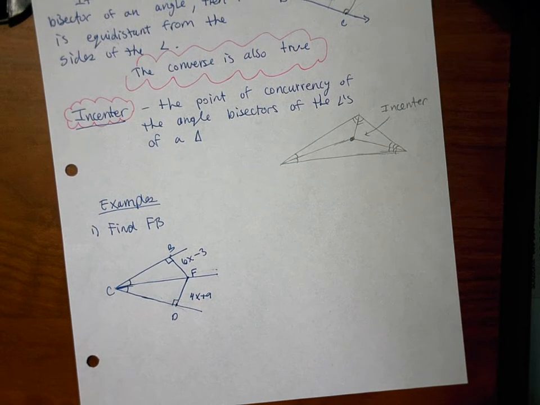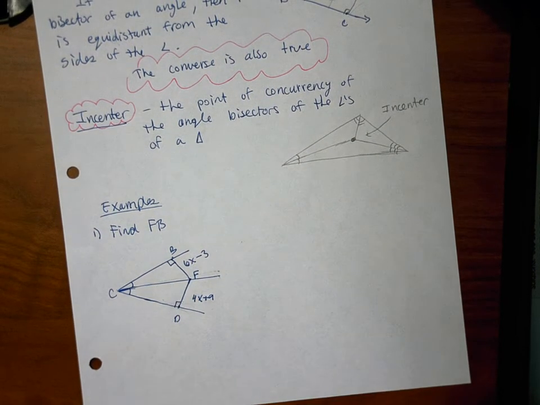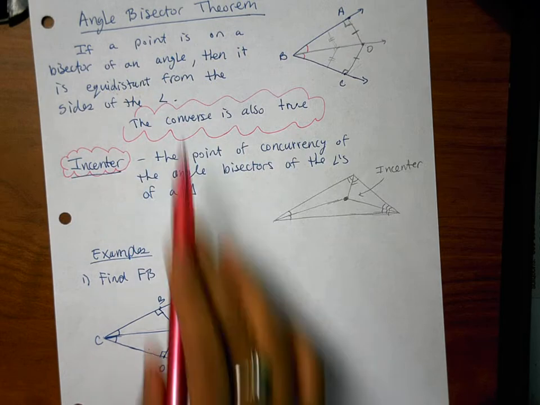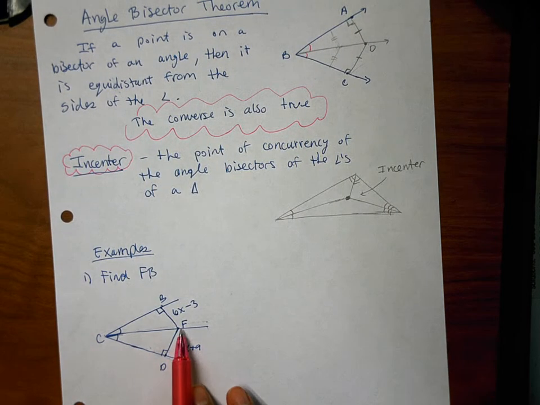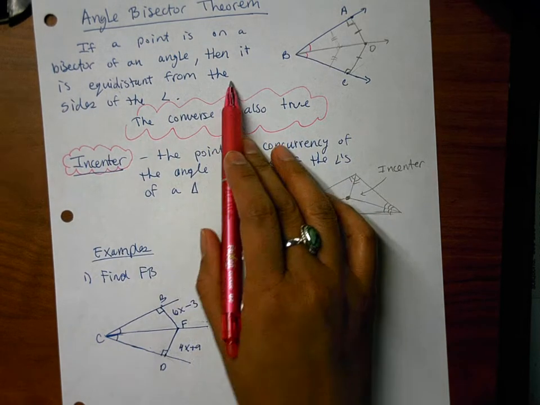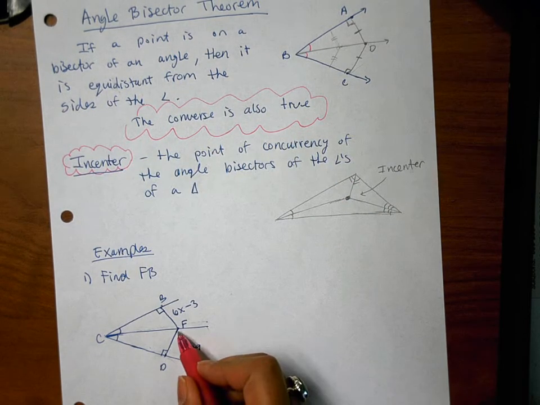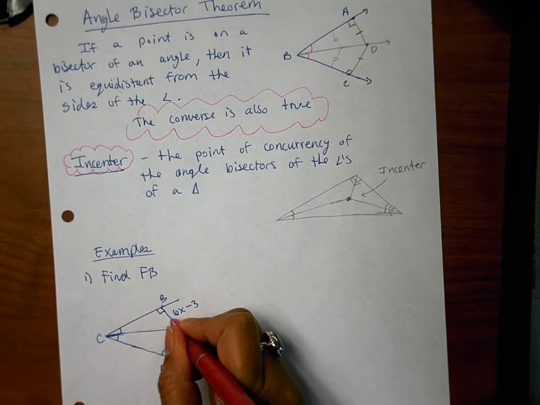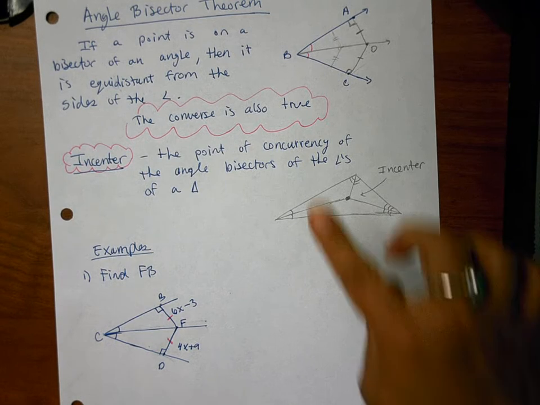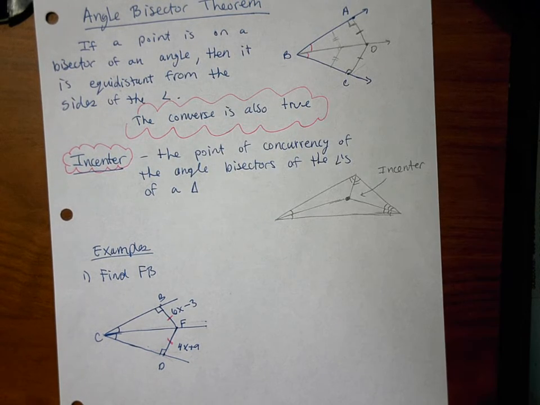Notice there's no markings here, but if a point is on the bisector of an angle, point F is on the angle bisector, then it is equidistant from the sides of the angle. So those are congruent. Those markings were not given to us, but we can conclude that from the angle bisector theorem.